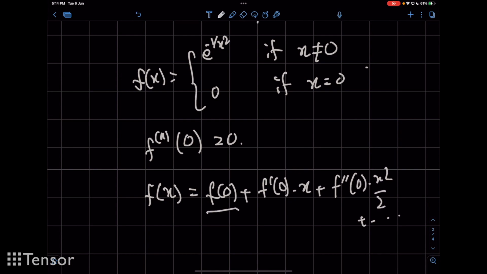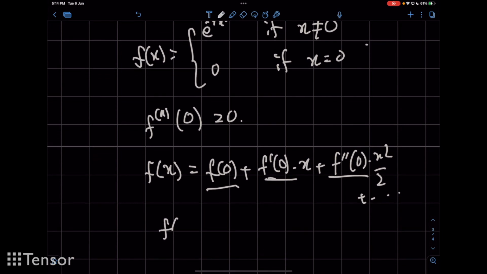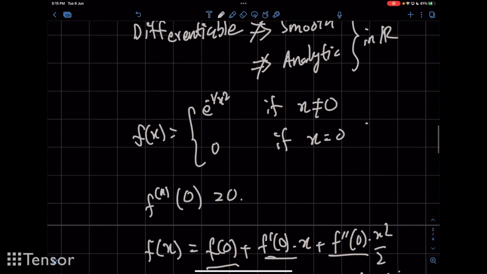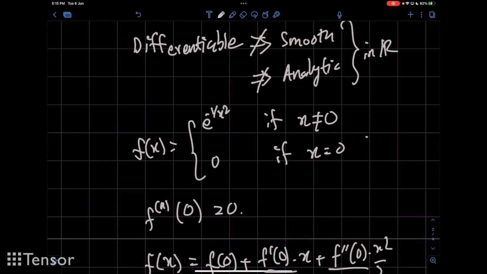But all these terms are 0. Then we would have that f of x equals 0 in some neighborhood of 0, but this is not true. So this is an example of the fact that smooth does not really imply analyticity in real numbers.